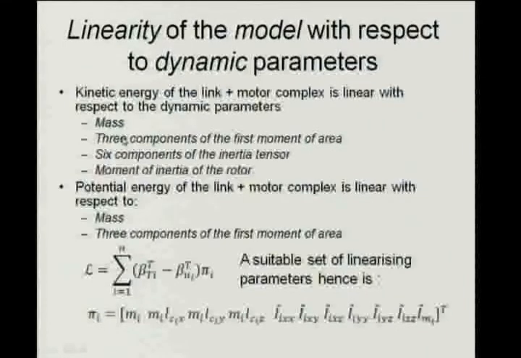Mass plus 3 and then plus 6, that is 10, and moment of inertia of the rotor makes 11. So 11 parameters per joint and motor complex, and you can write it in a linear form, which is very interesting because if it is linear, then you can estimate it. How do you estimate if it is linear? You can use a least square estimate.